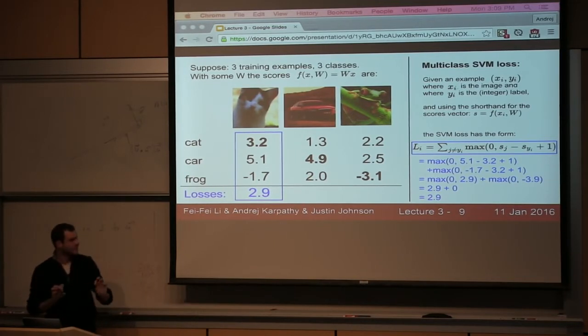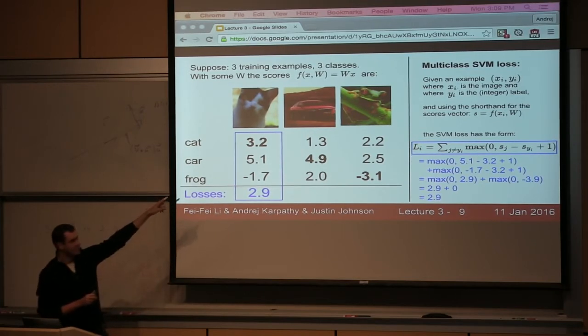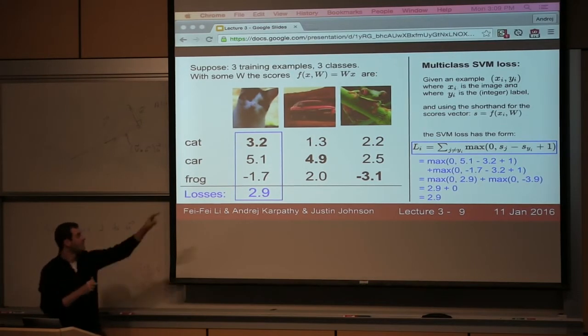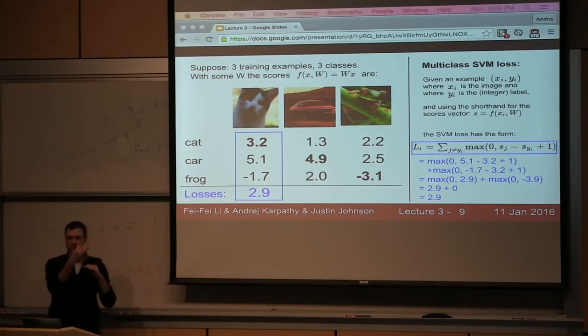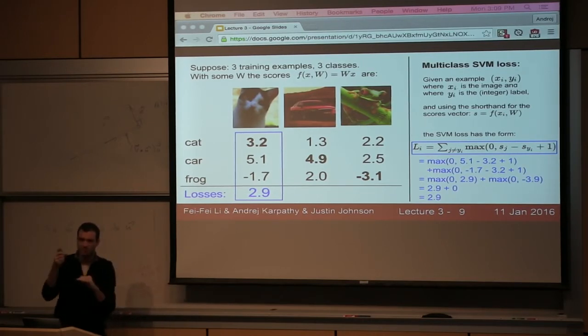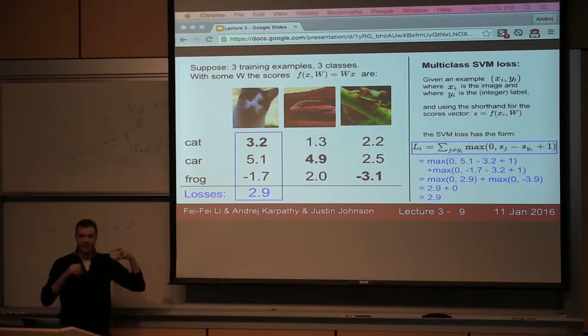So intuitively, the way this worked out is that the cat score is 3.2. So according to the SVM loss, what we would like ideally is that the scores for all the incorrect classes are at most 2.2. But the car class actually had a much higher score, 5.1, and this difference between what we would have liked, which is 2.2, and what actually happened, which is 5.1, is exactly this difference of 2.9, which is how bad of a score outcome this was.